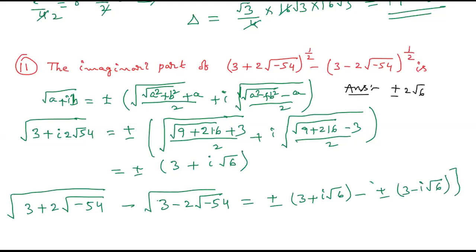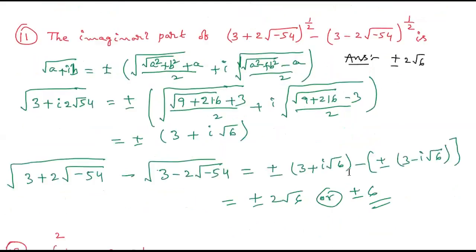Observe that different cases are possible: plus minus, plus plus, minus minus. So finally we get the answer plus or minus 2 root 6, or plus or minus 6. Out of these four, one option will be given. Choose the correct option. So this is also an easy question.